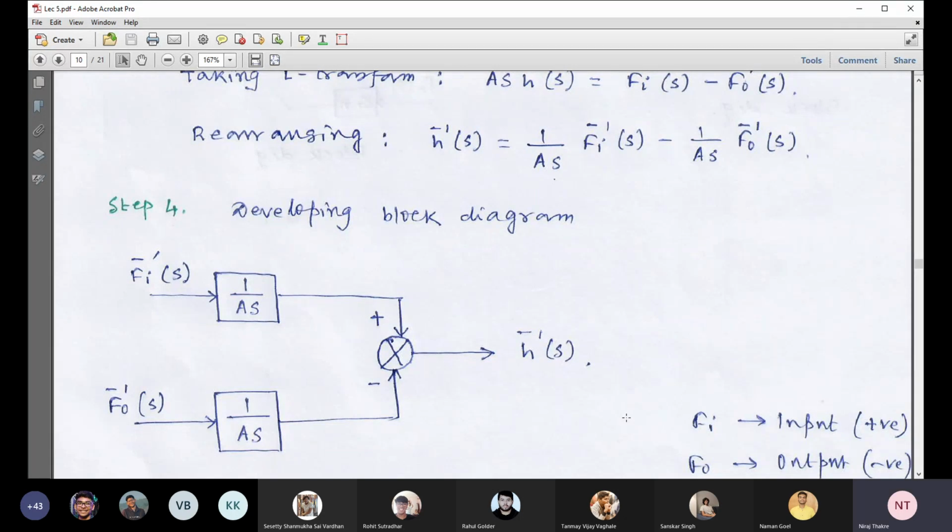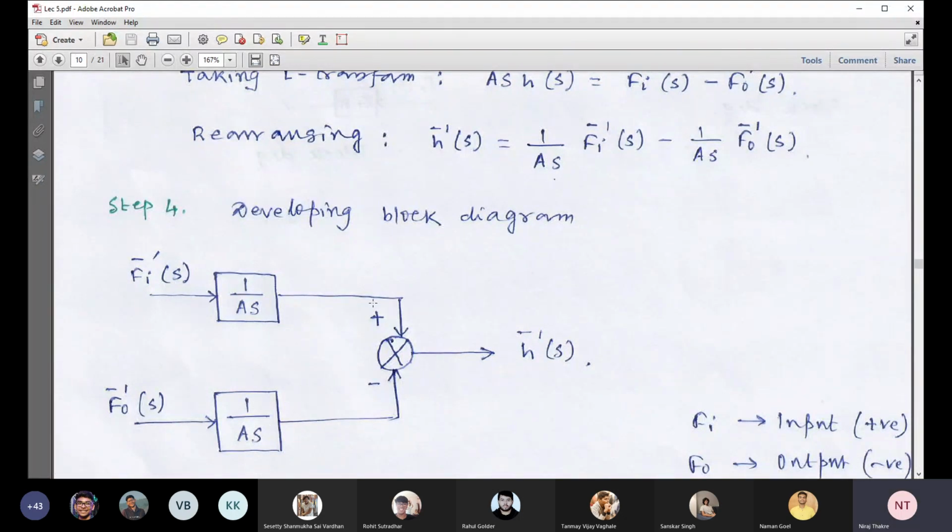We are developing the block diagram now. And these signs you are understanding. This is positive because this is the input variable Fi, and the negative sign is associated with the output variable because these transfer functions are the same. You see 1 by As and here also 1 by As.